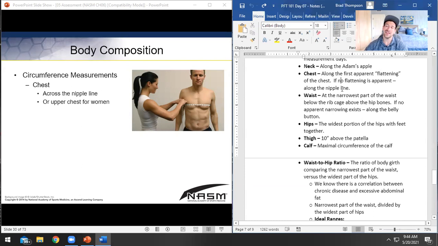So Nassim says to do it along the first flattening of the chest because that minimizes error. Me personally, I think you should do it the exact same way with all of your clients, and just instruct all of your clients to wear the same clothing every time. I think that's much more convenient for them. And if you're taking before and after pictures, it's pretty easy to remember which outfit is which.